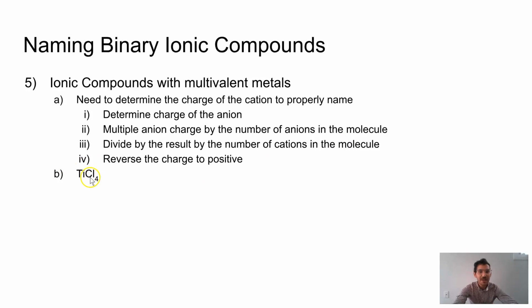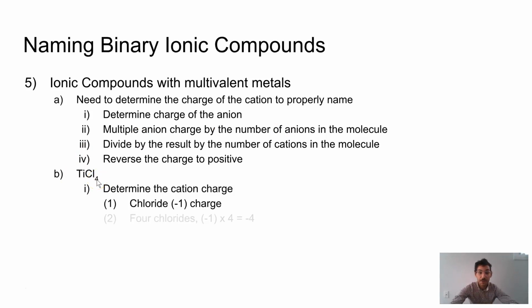So I've got titanium chloride, but I need to know, is this titanium +1, +2, +3, +4? You might be able to figure this out really easily, but some folks like a nice system, so let's go through it really quickly. So the first thing I'm going to do is determine the charge on my anion. It's chlorine. All right, I need to determine my cation charge. So the first thing I'll do is get my charge on the chlorine. It's a -1 charge. Well, I'll multiply that charge by how many of that anion are in the molecule or formula unit.